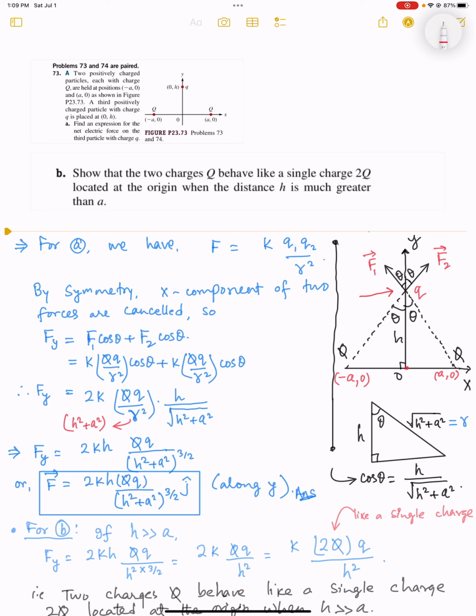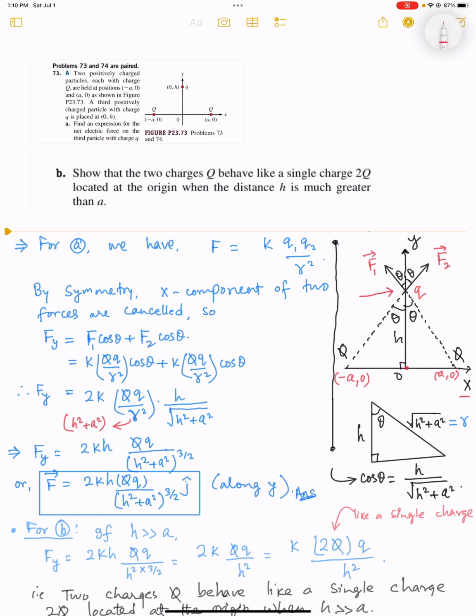Here we can see that the symmetry is playing a role: it will cancel the x component of the two forces. So there is a symmetry on the x-axis, so we just need to calculate the component of force along the y-axis, which is kind of easy.